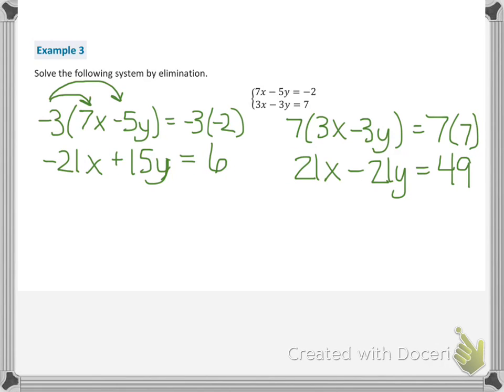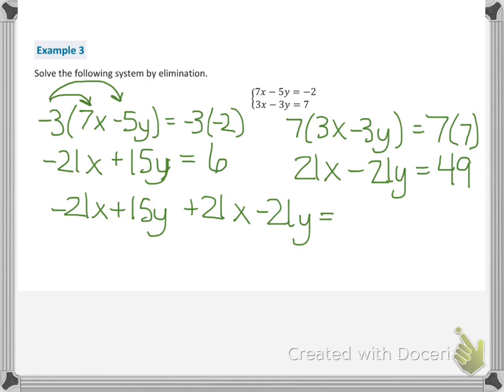Okay, so I end up with, what do I end up with? -21x plus 15y, and then plus 21x minus 21y is equal to, do it in order, 6 plus 49. Okay, so I added the left-hand sides and said that that's got to be equal to the sum of the right-hand sides. So this is nice because now I've eliminated the x terms, and so I can simplify it with the y.